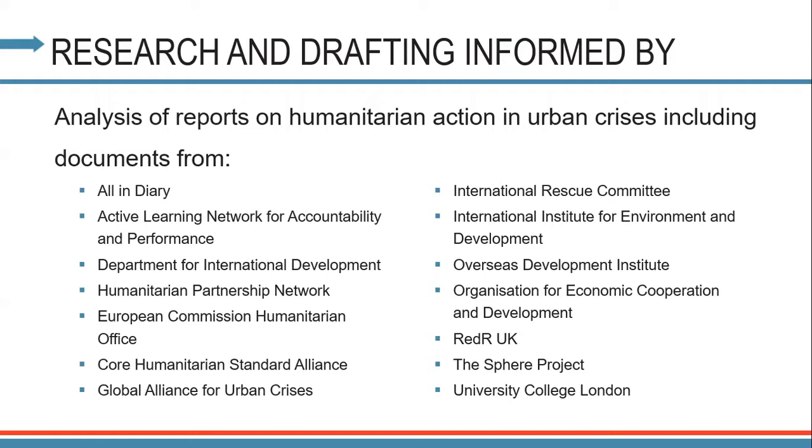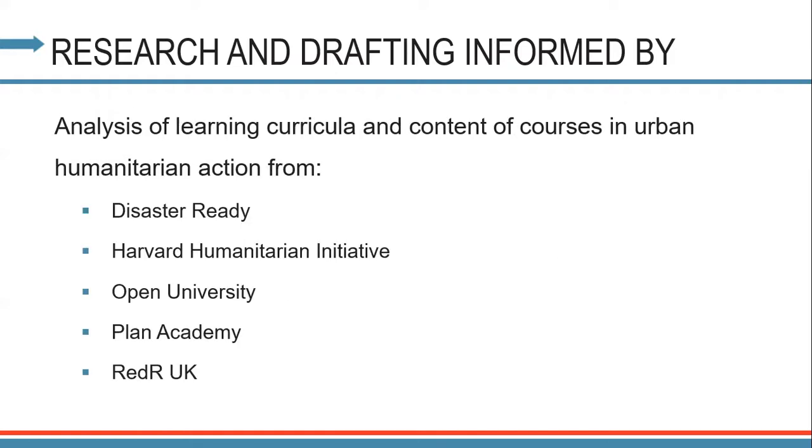The research and drafting process were informed by an analysis of a wide range of documents from a number of organisations as listed here. The research report and user guide both contain full bibliographies of the documents that were referred to. In addition to the documents, learning curricula from urban-focused courses were analysed.